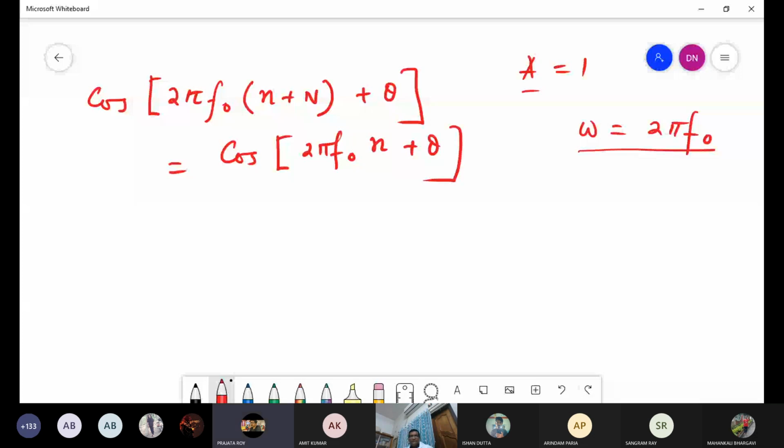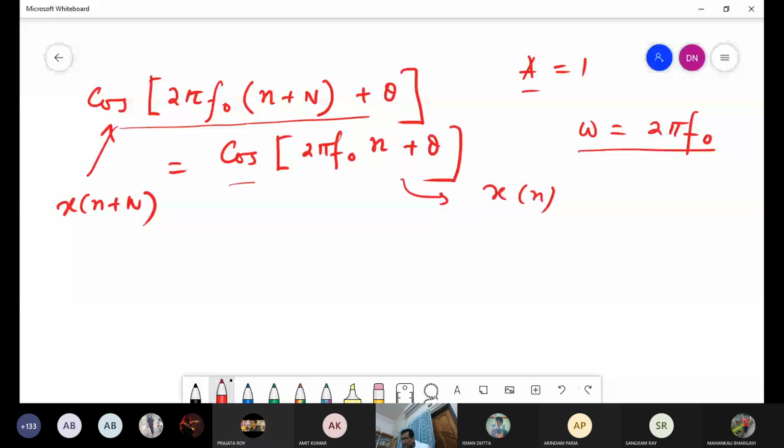Here the left hand side is representing x of n plus capital N, and the right hand side is representing xn. Now this will be equal to this under a certain condition. Let us see what that condition is, and from that we can find the condition for periodicity for this cosine or sinusoidal signal.